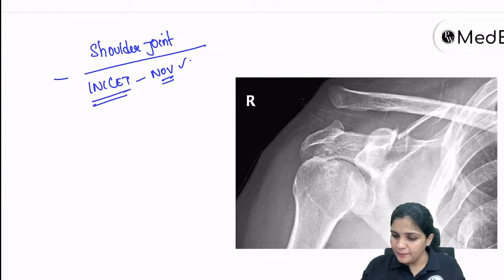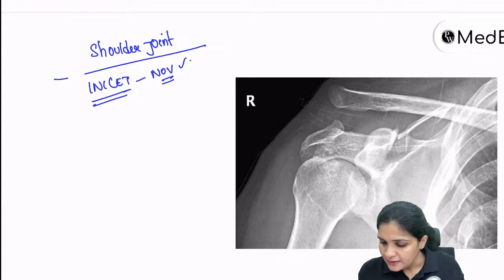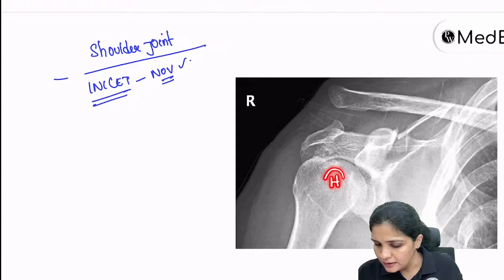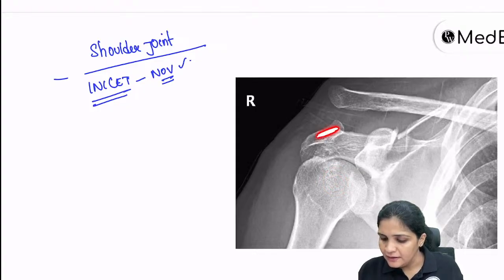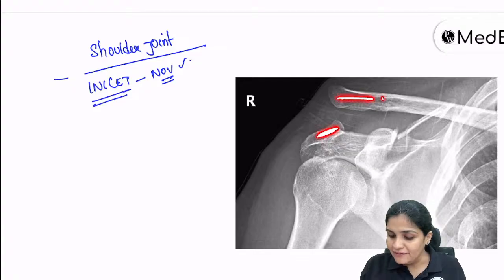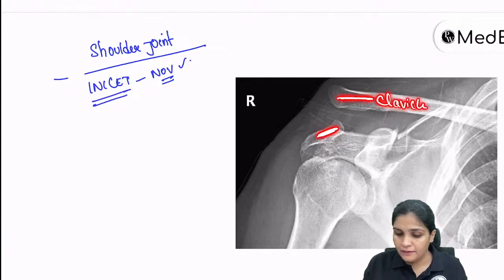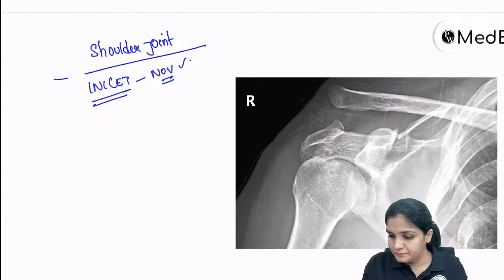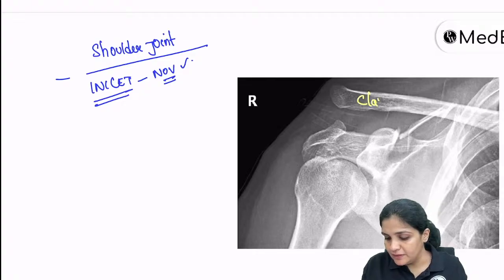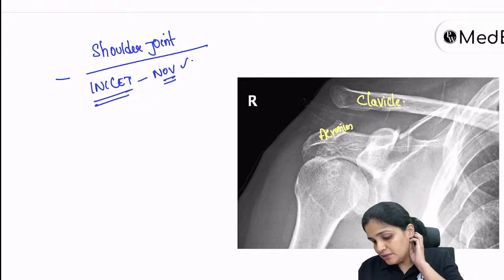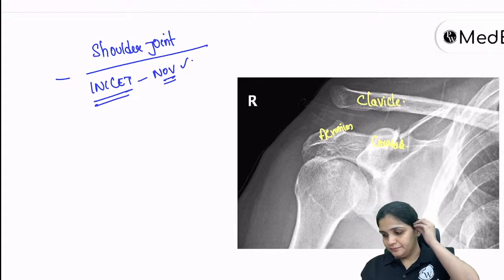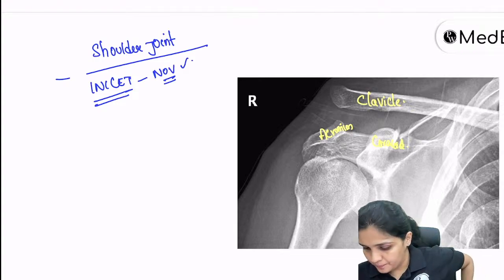If you can identify, this is the head. And this is your clavicle, the lateral end of the clavicle. And this is your acromion. Which dislocation?